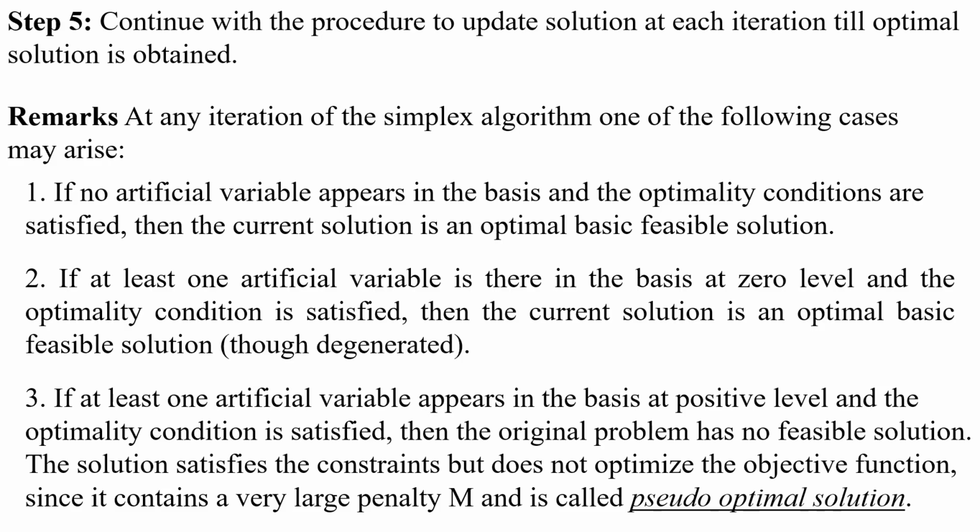This means if all the zj minus cj values are greater than or equal to 0 but an artificial variable appears in the basis and its xb value is positive, greater than 0, then we say the problem has no feasible solution.